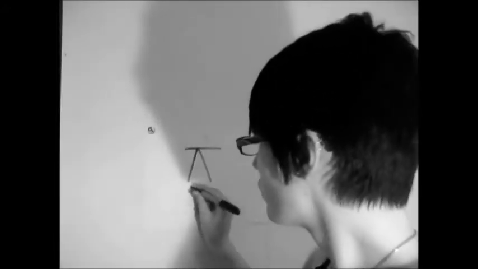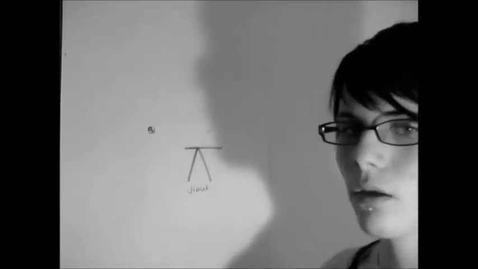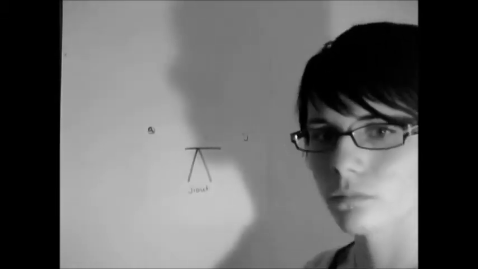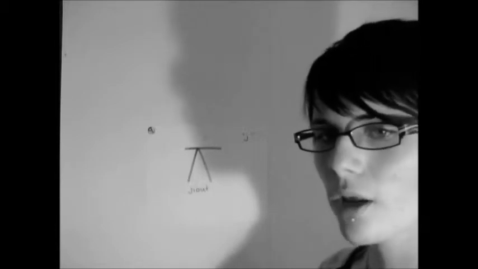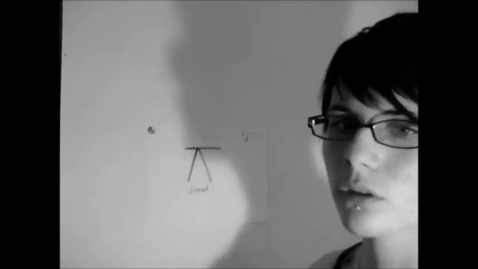The ninth letter of the alphabet is called Jieut. This letter says ja. So you write it like you're writing the Siot, and then you put the horizontal line on top.